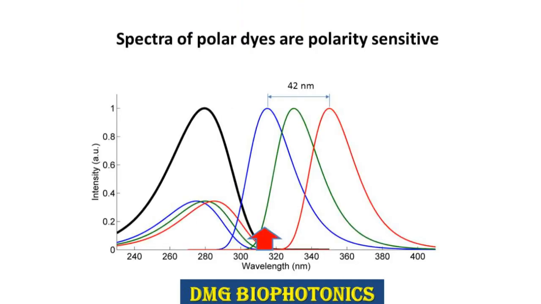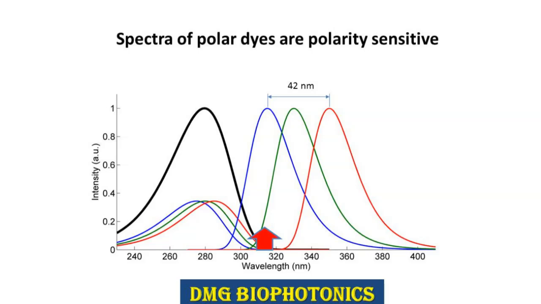To answer this question, we need to take a closer look at tryptophan spectroscopy. We have previously shown that the electronic spectra of the tryptophan side chain depend on the polarity of the microenvironment. The figure shows the excitation and emission spectra of the same dye dissolved in low, medium, and high polarity solvents.